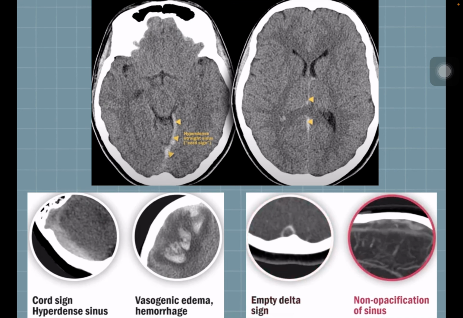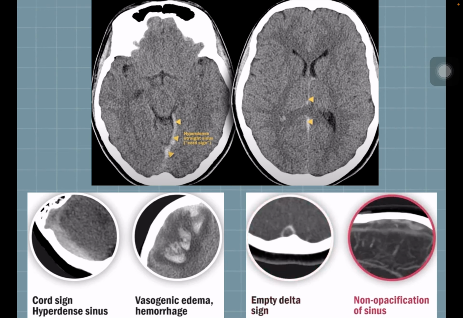So for positive findings that indicate a possibility of cerebral venous thrombosis, here we have a hyperdense straight sinus or cord sign, and next is the straight sinus cord sign.